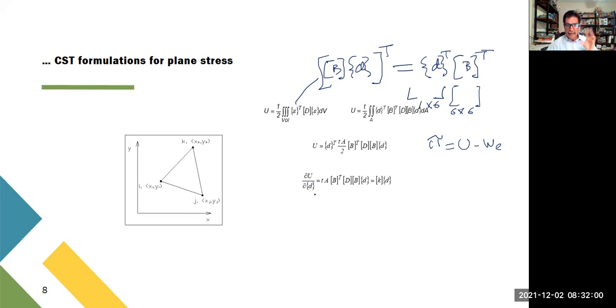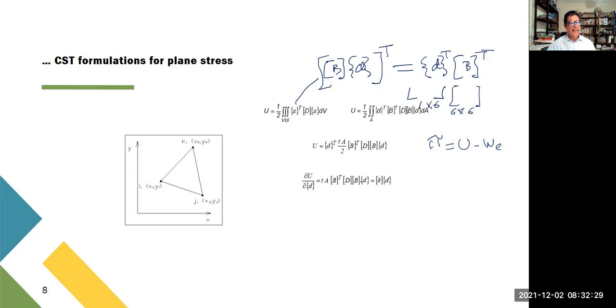I don't know if there is any mathematician here, but they could be a little bit upset if I write it here. But the sense is this. Here, I have an X, a D transpose, and here I have a D. So if I multiply this times that, it's like having an X squared. If I differentiate that with respect to X, I will get 2 times D to the first power.